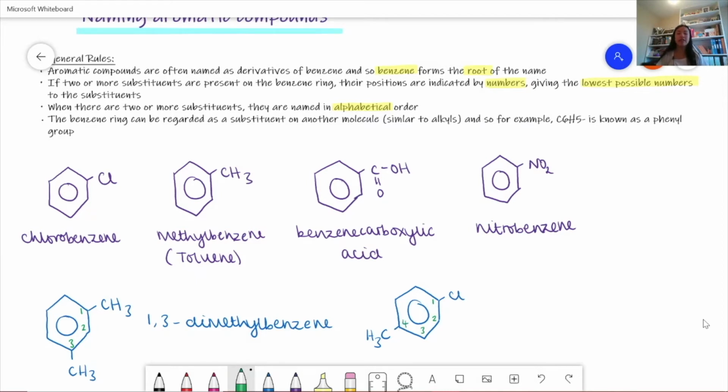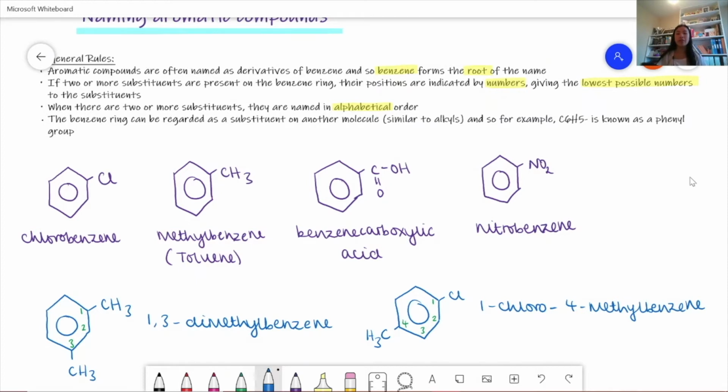And you can see that if we went the other way around, anti-clockwise, we would still have the other substituent on 4. And so it must be 1,4. So this would be 1-chloro-4-methylbenzene. But in some textbooks, they might call this 4-chloromethylbenzene because they just assume that one will be either the chloro or the methyl, and so you only need the number for the other substituent group.